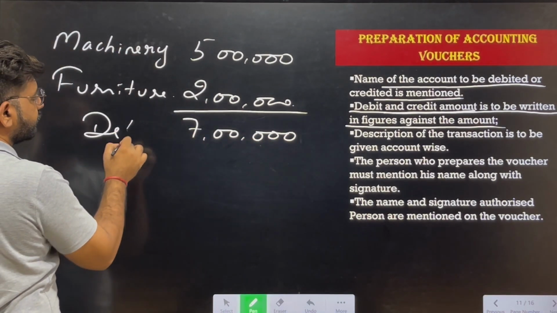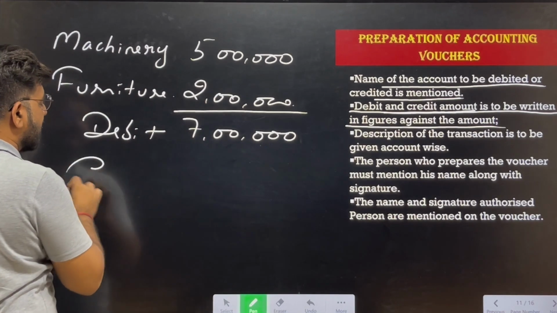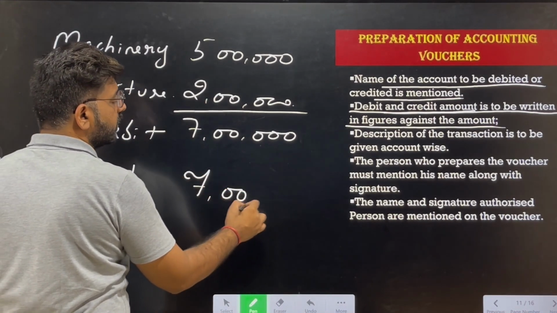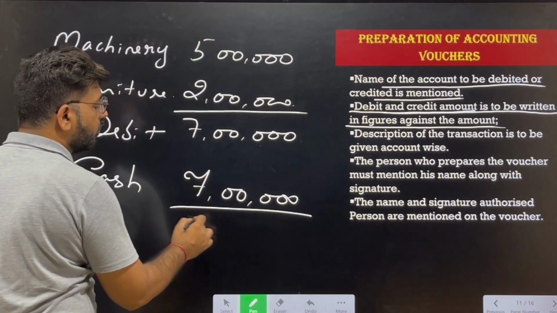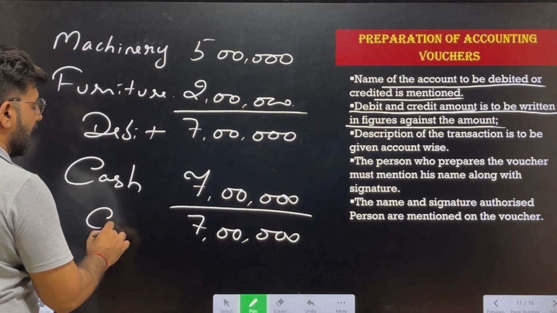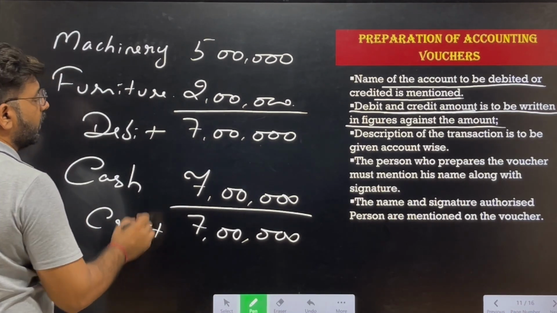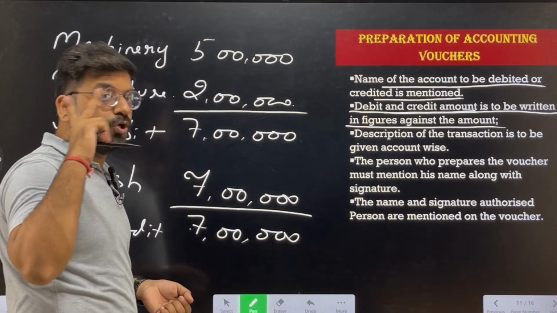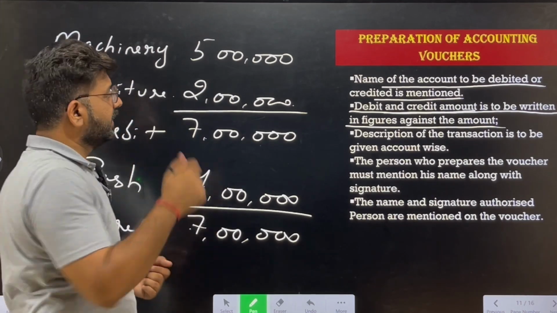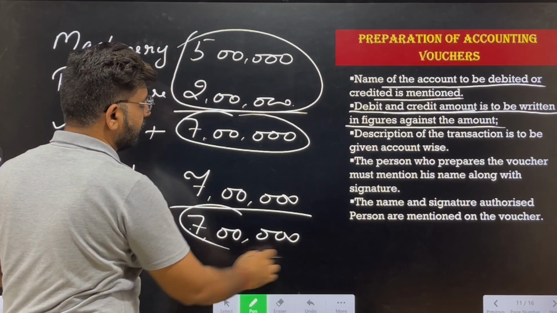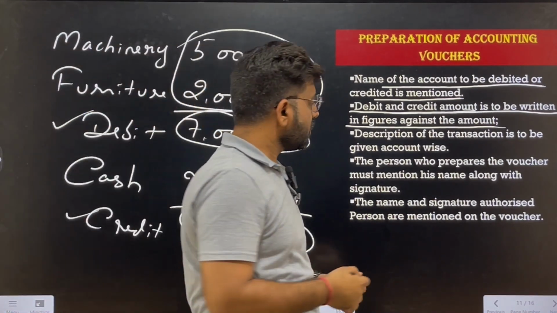It is 7 lakhs, and the cash is going out of how much? 7 lakhs only. So the credit amount will also be 7 lakhs. Every time the debit amount and the credit amount should be equal. See, debit 7 lakhs, credit 7 lakhs. Even though there are two items which have been purchased, the sum total will be equal to the debit and the credit. Is that clear?